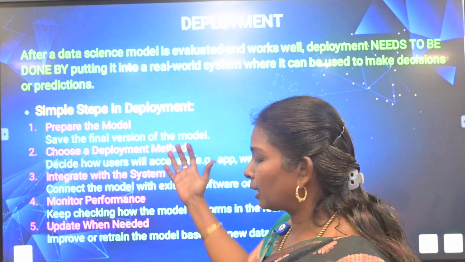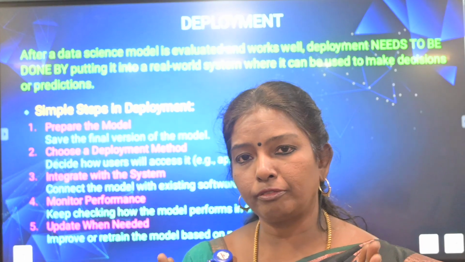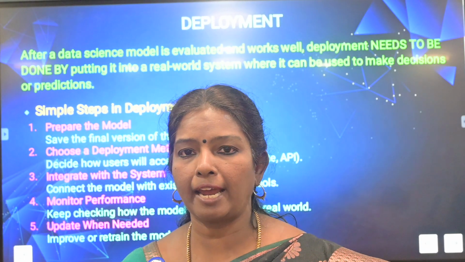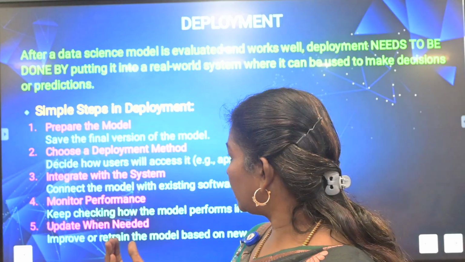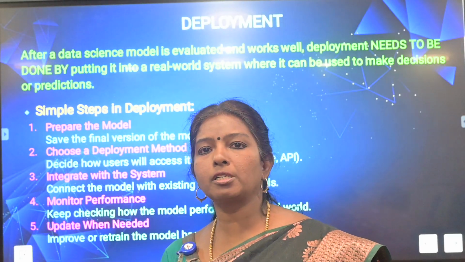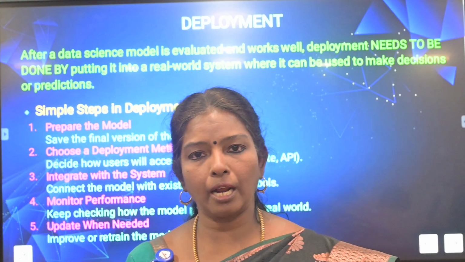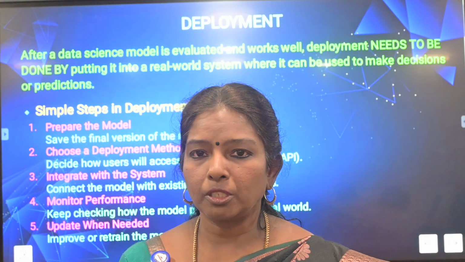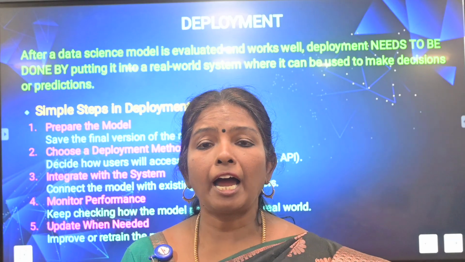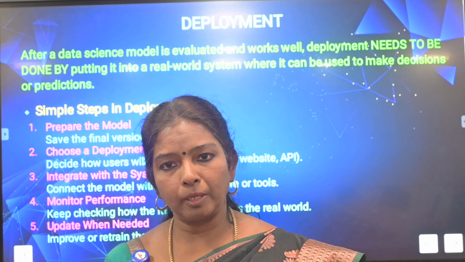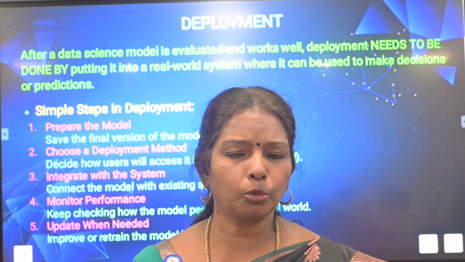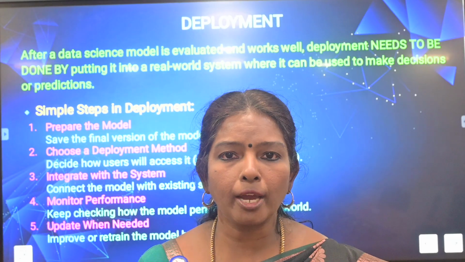In preparing the model, I should save the final version of the project I have developed. And then I have to choose a deployment method, whether I should deploy the model using websites or an app or some other tools, whether I need to generate an application programming interface to deploy my model or not. So in various ways I can deploy my model.